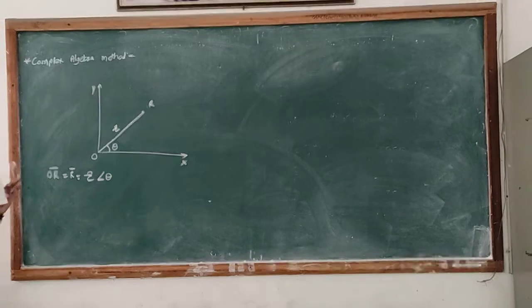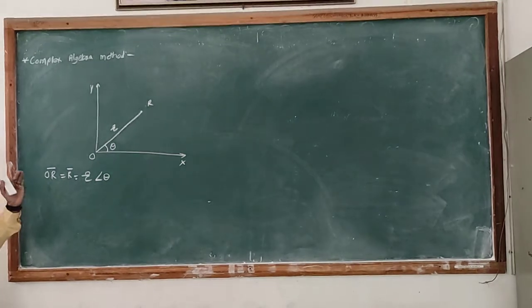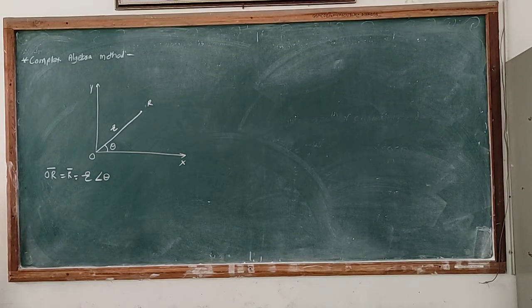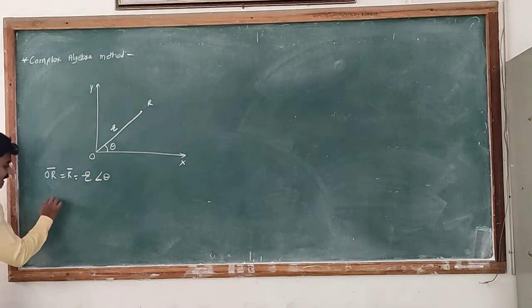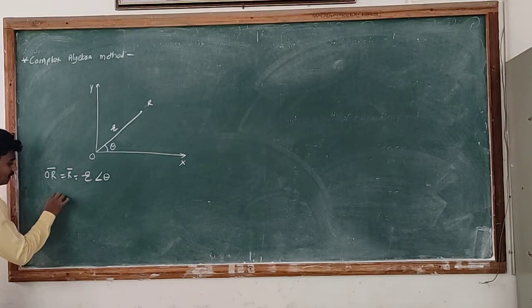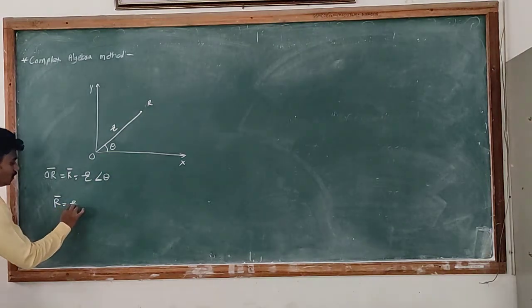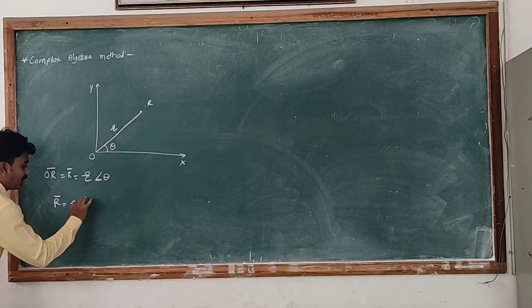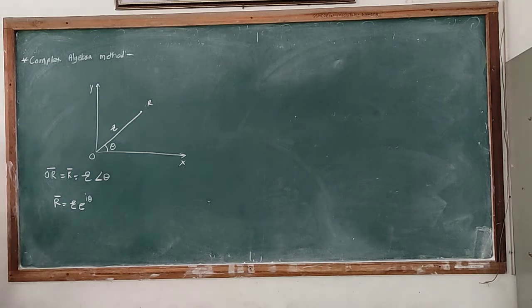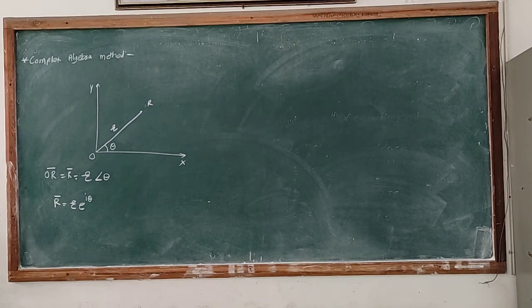If I want to represent this in complex algebra form, we can write R bar is equal to small r into e raised to i theta.